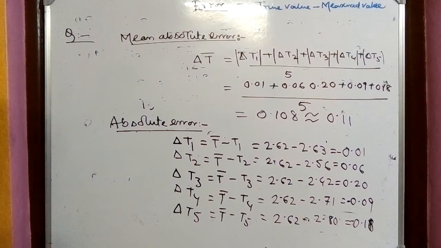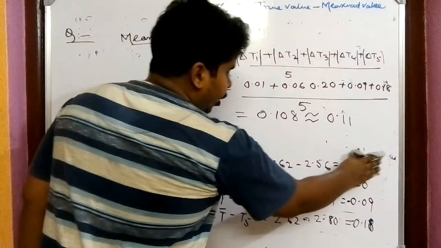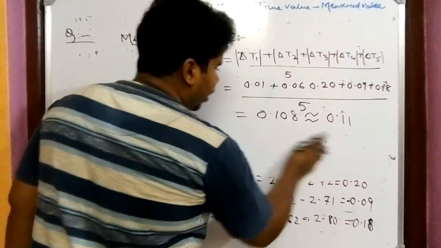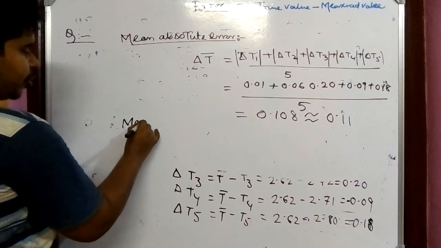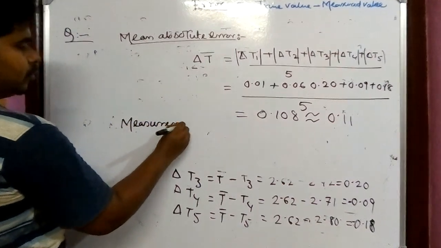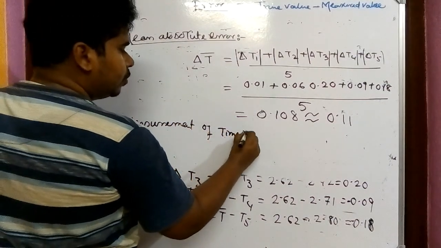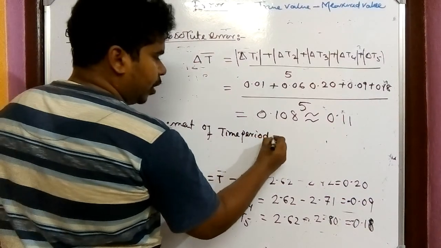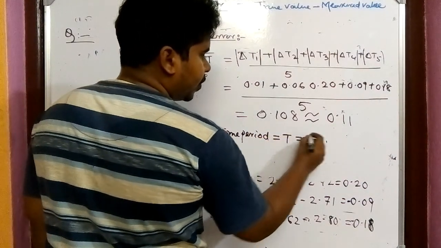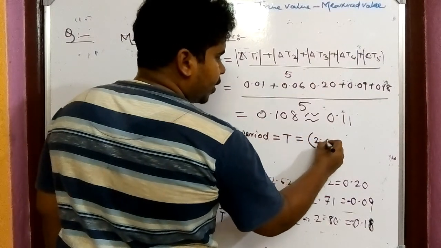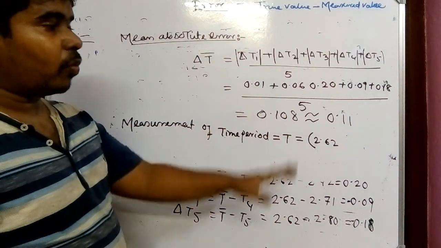Now the question is, how do we represent it? As the mean absolute error has come, the measurement of time period will be equal to T, which is 2.62, and now see, the error has come 0.11.